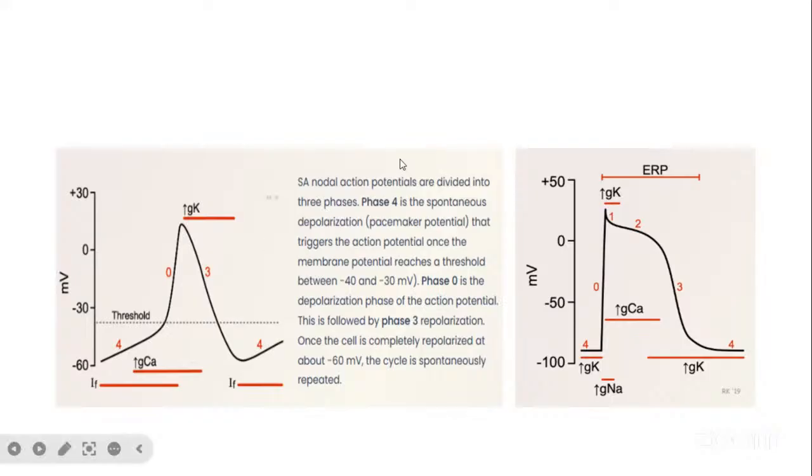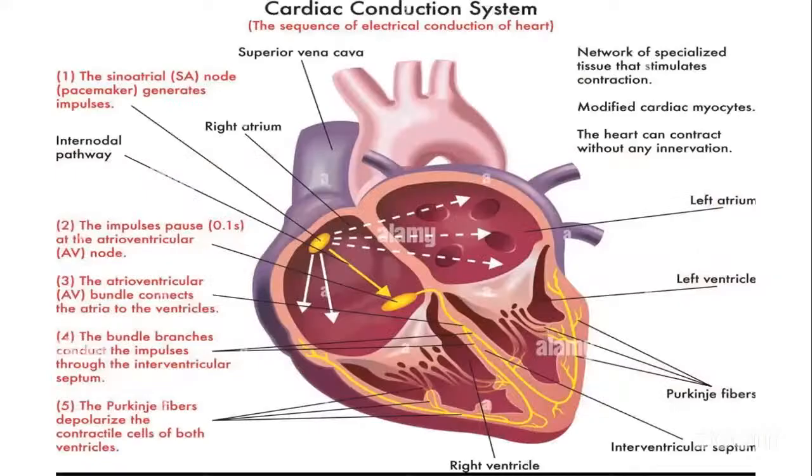But we should note that when there is a problem with the SA node, other areas like the AV node, the bundle of His, and the Purkinje fibers also have that innate ability to generate impulses, but doing so at a relatively slower rate compared to the SA node.